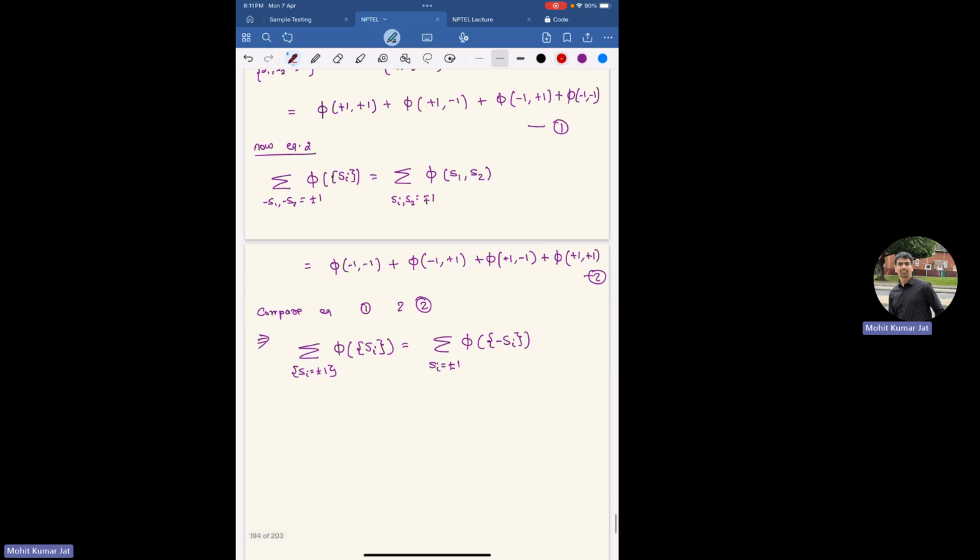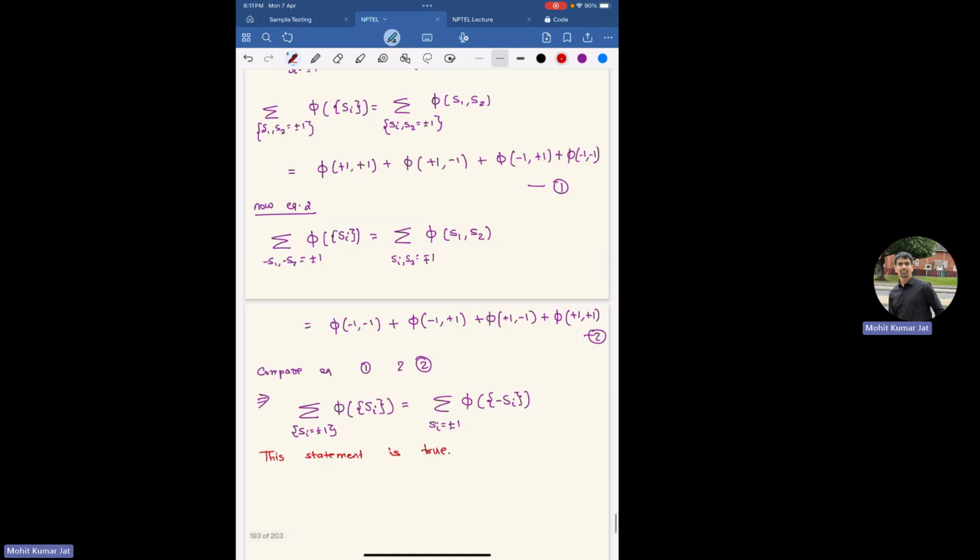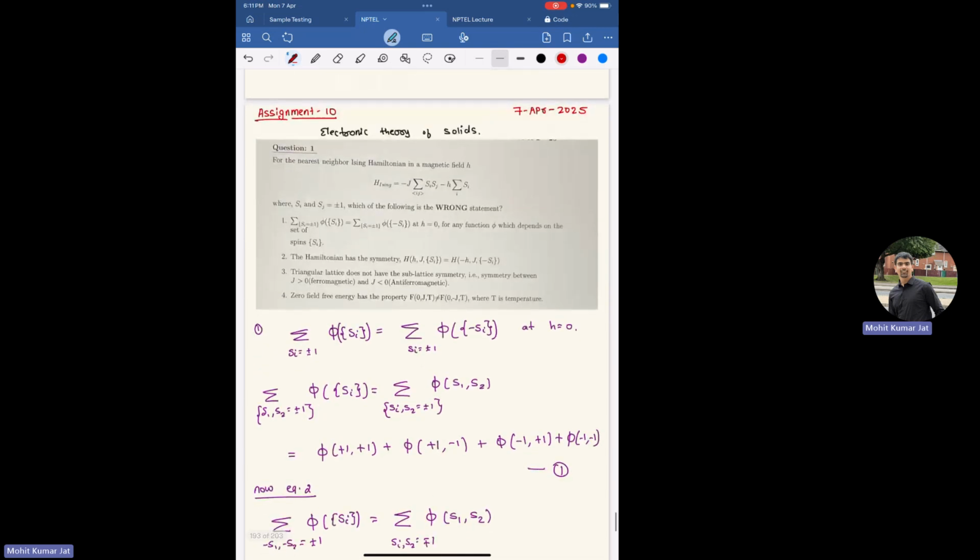So this is true. This statement is true. And the question asks us about the wrong statement, so definitely this is not a wrong statement.